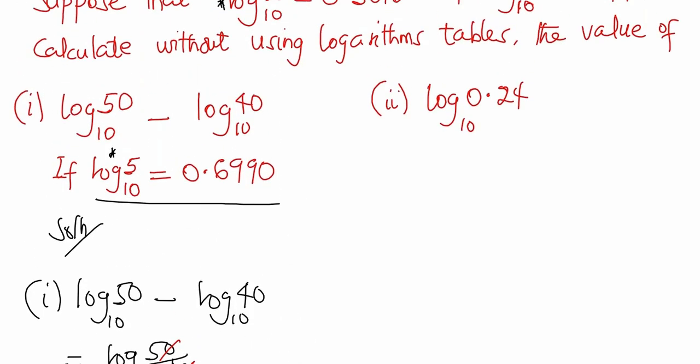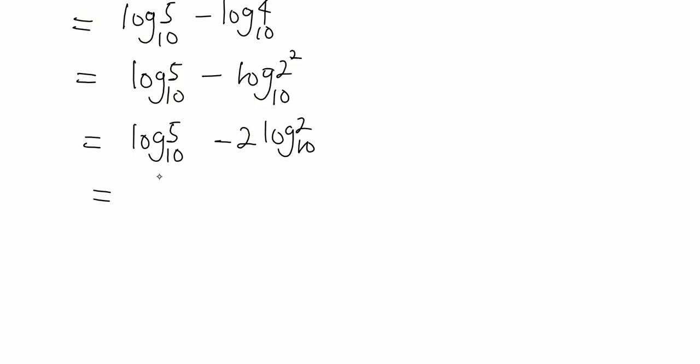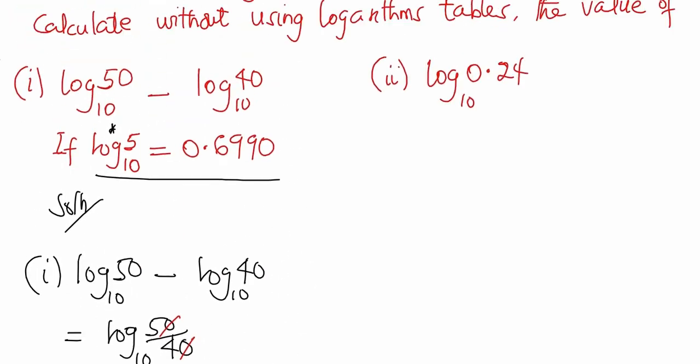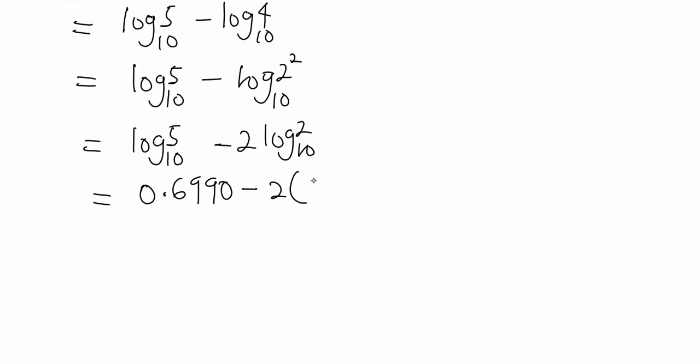Now log 5 base 10 was given as 0.6990. So here we write 0.6990 minus 2 multiplied by, now log 2 is also given as 0.3010. So we write here 0.3010.